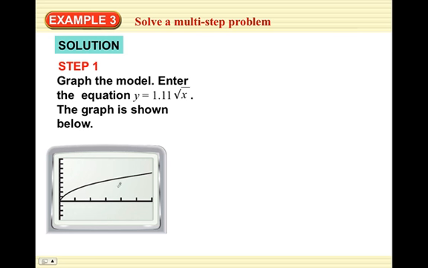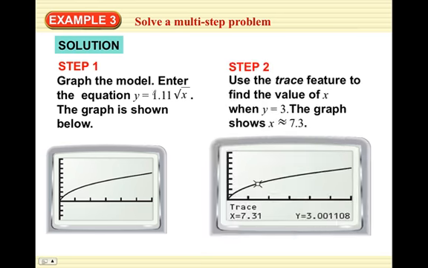Well, if you change your window up, this is what you would see. And they tell you to use the trace feature on your calculator and look for when y is equal to 3. So just take this cursor and trace it until you get to about y equals 3, and they got an answer of x is 7.31.